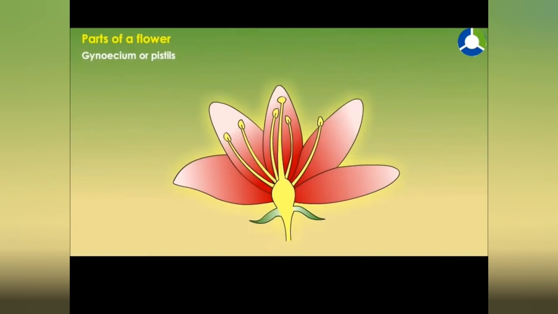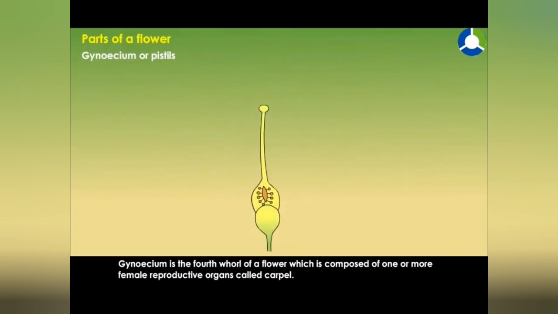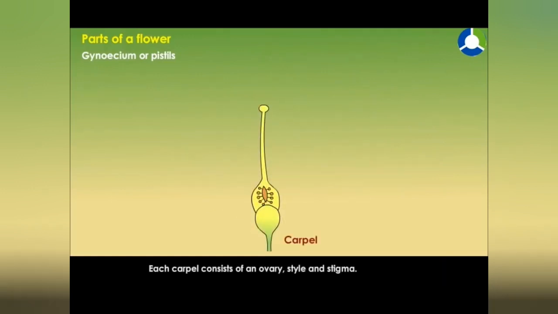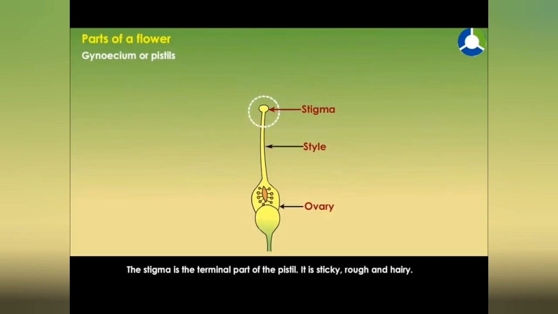Gynoecium or pistils. Gynoecium is the 4th whorl of a flower which is composed of 1 or more female reproductive organs called carpel. Each carpel consists of an ovary, style and stigma. The stigma is the terminal part of the pistil.